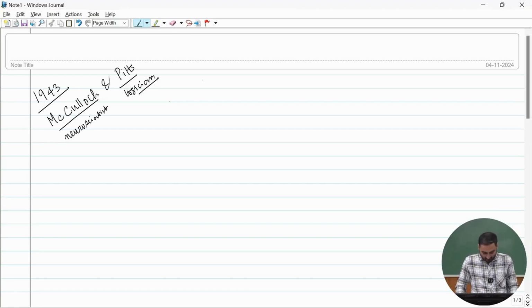At that time they thought of designing a very simple approach to mimic the way neurons interact. They came up with a simple model called the MP network, McCulloch's M and Pitts' P. I'll discuss the MP network later.